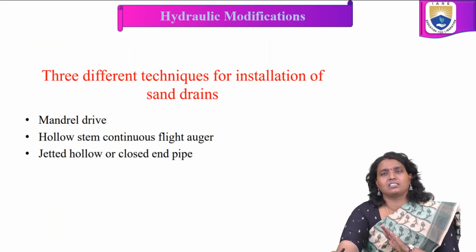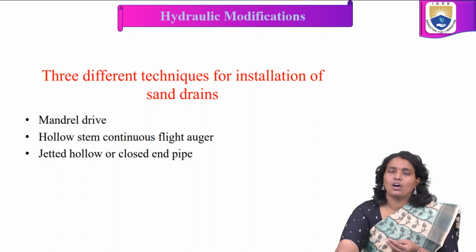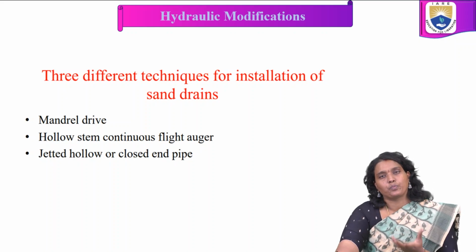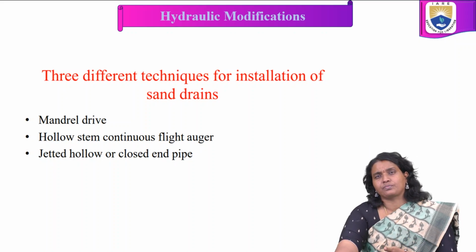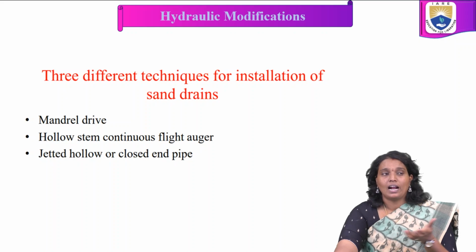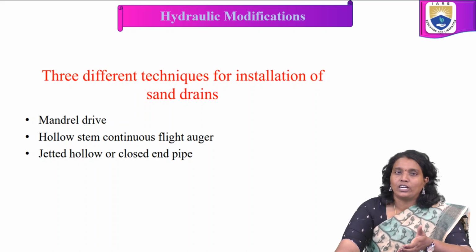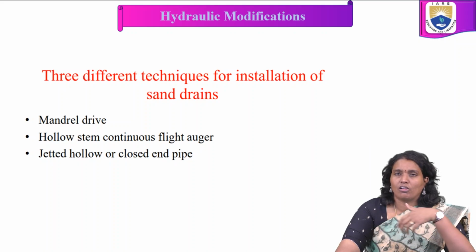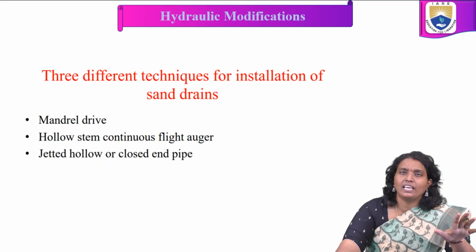There are various different techniques for installation of the sand drains. Each has its own technique of installation. It depends upon the properties of the soil, which kind of water table is available, which type of soil is there, and what kind of result we require. These three characteristics determine which technique is suitable for installation of the sand drains.